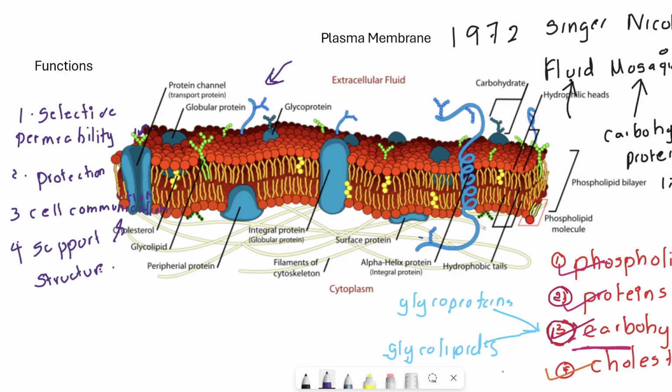It maintains the shape of the cell and provides a stable environment. Fifth role is cell recognition. Surface proteins and carbohydrates help identify the cells to the immune system.